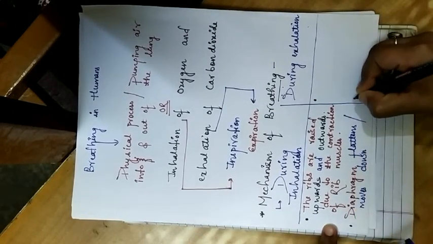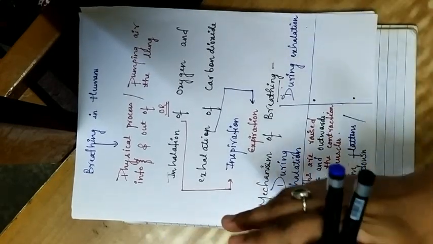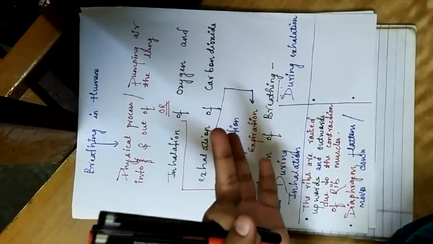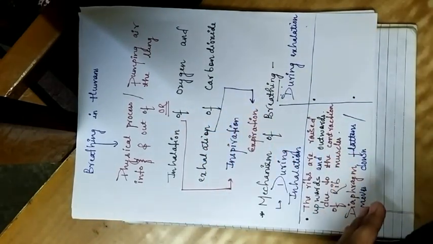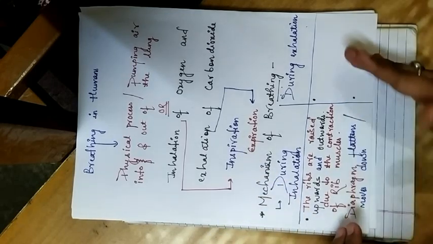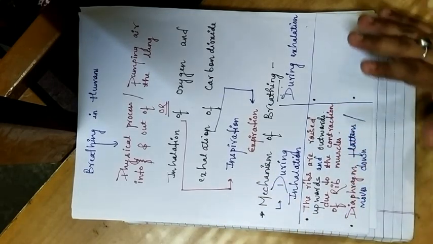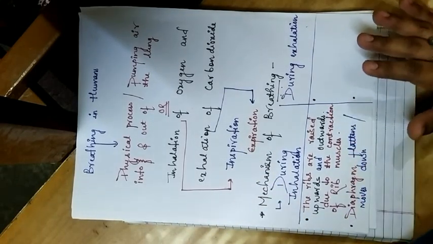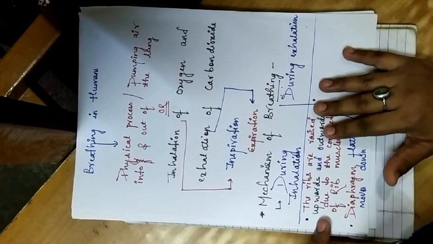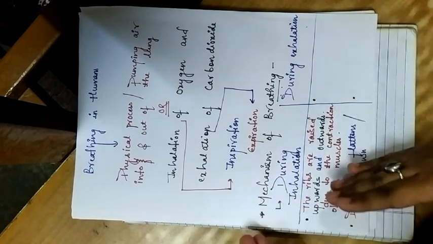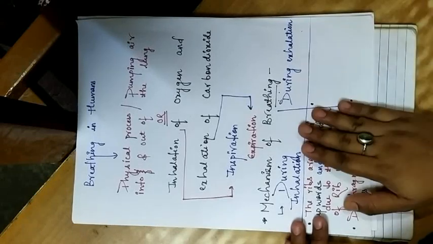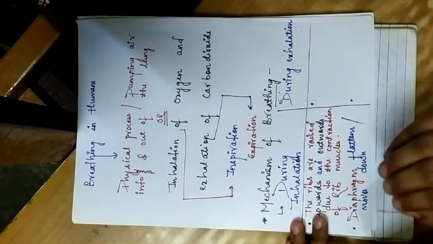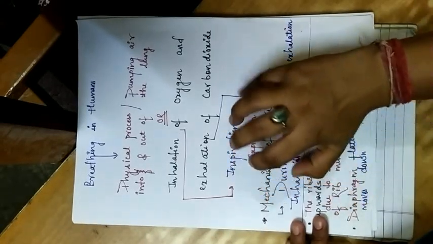And now what happens during the exhalation? There is one more point, but first let me make a comparison so that it will be easy for you to understand. During the exhalation, obviously, it is the opposite. The ribs move downwards and inwards.